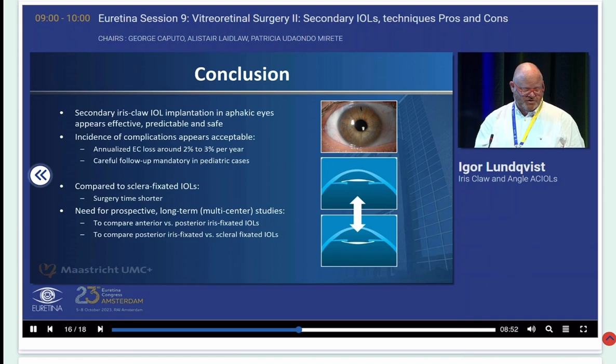As compared to the scleral fixated, surgery time is very fast, but we also see the need for a longer prospective long-term study to compare anterior and posterior iris fixated lenses, and especially compared to, for example, the Yamane technique.